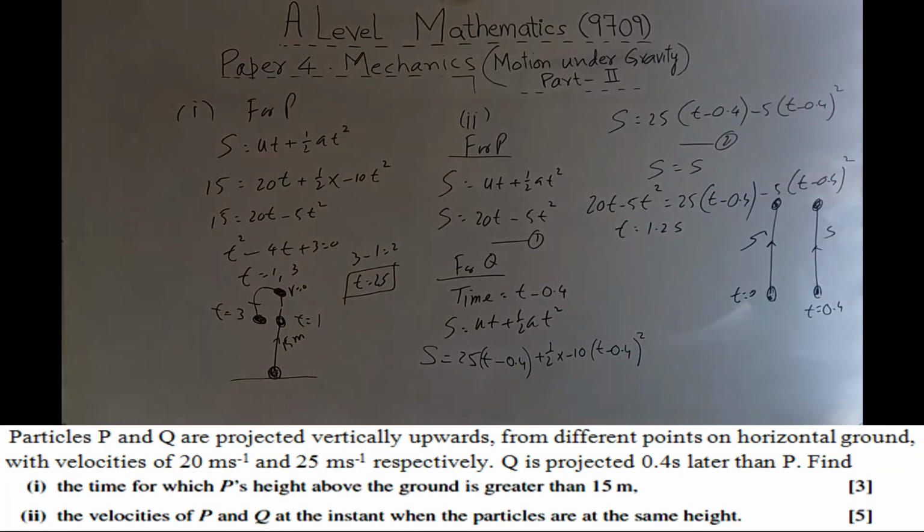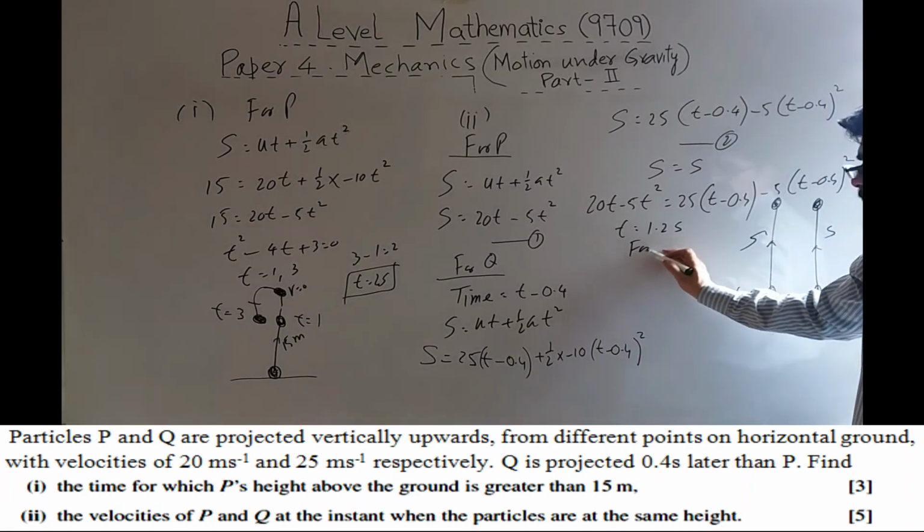So it means that the time is 1.2 seconds for P, and for Q if we subtract 0.4 from here we get 0.8 seconds. They will be at the same distance in 1.2 seconds, but because Q is projected 0.4 second later, for Q this time will be 1.2 minus 0.4, which is 0.8 seconds.